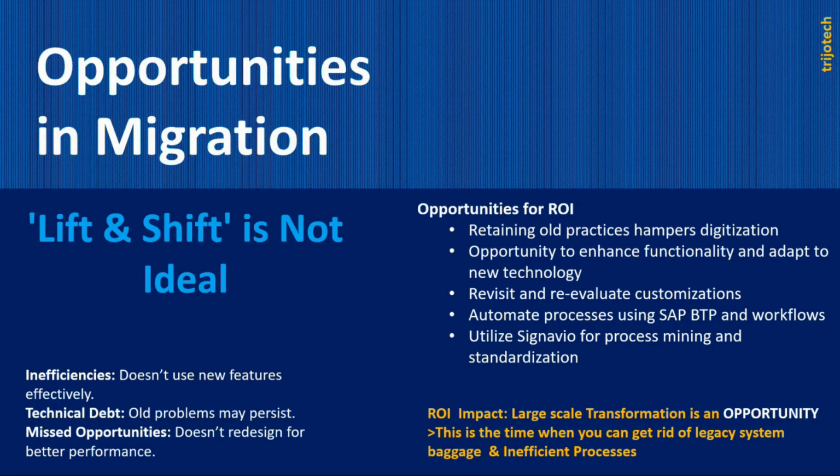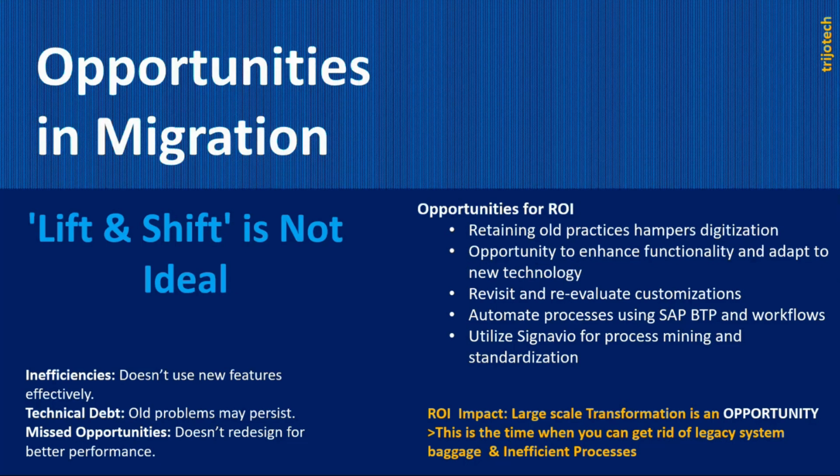Typically, when we go for any ECC to S/4 migration, the first thing anybody wants to do is lift and shift, the easiest way of migrating, but that's not the healthy way. When you go for a migration, you should think about two or three aspects.